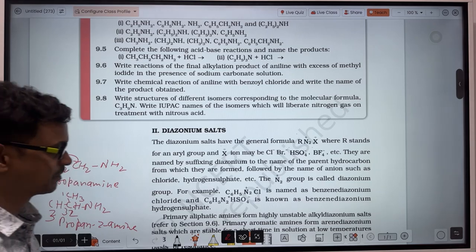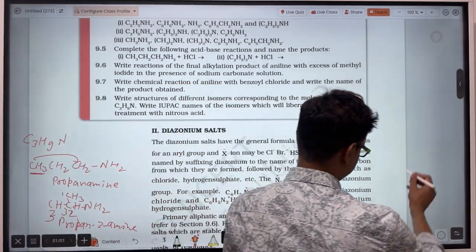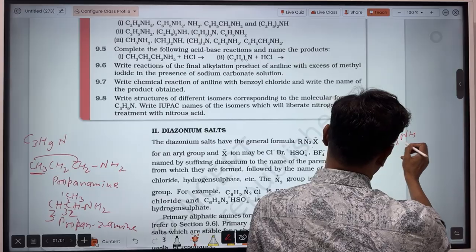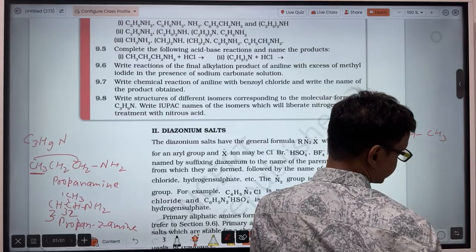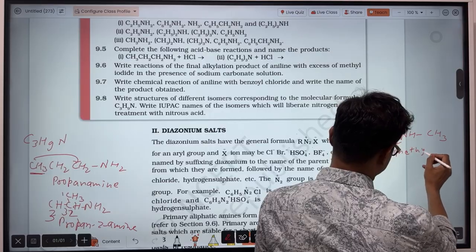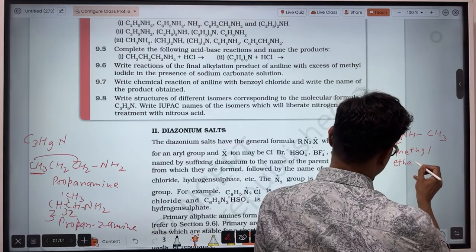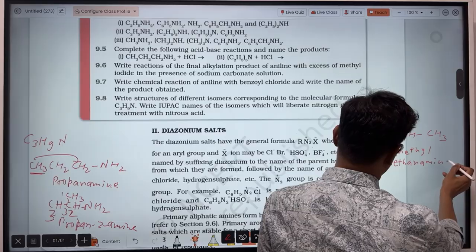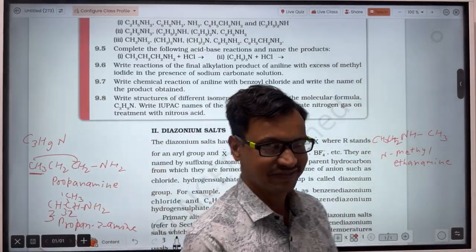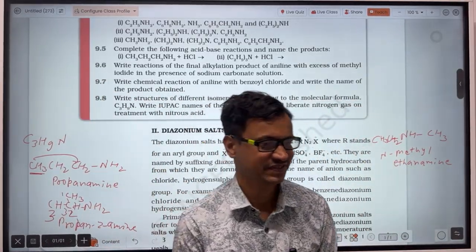Now let's see, a secondary amine may be there. So the nitrogen here has one CH3, CH2, and here CH3. Its name will be N-methyl. In the same way, a tertiary amine can also be formed.